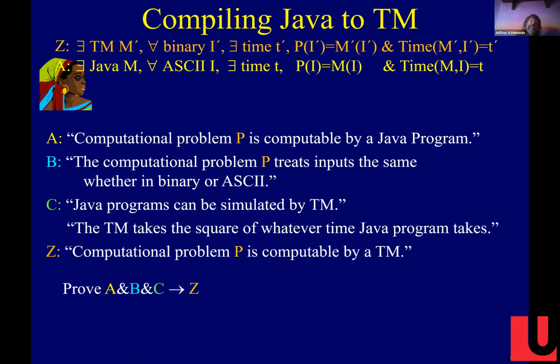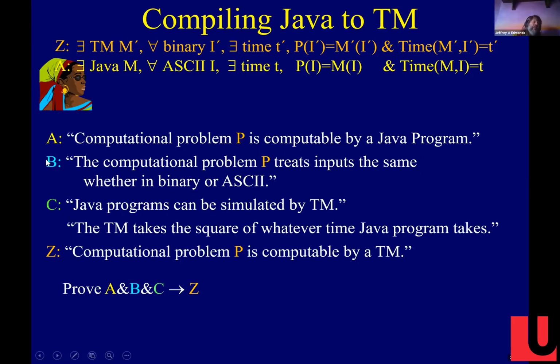So problem P is taking completely different inputs. Here it's taking a binary string, here it's taking an ASCII string. And what does B say? Computational problem doesn't care whether the input's in binary or in ASCII. Computational problem will treat the two the same. Does that make sense?